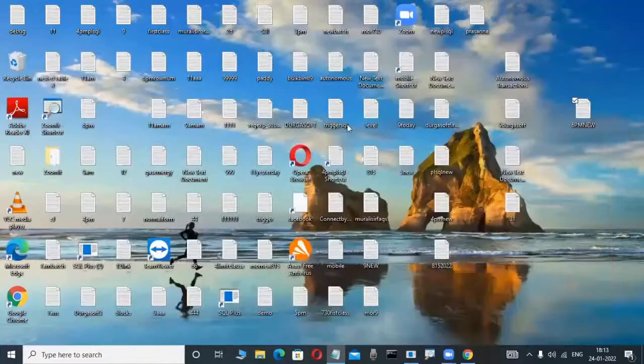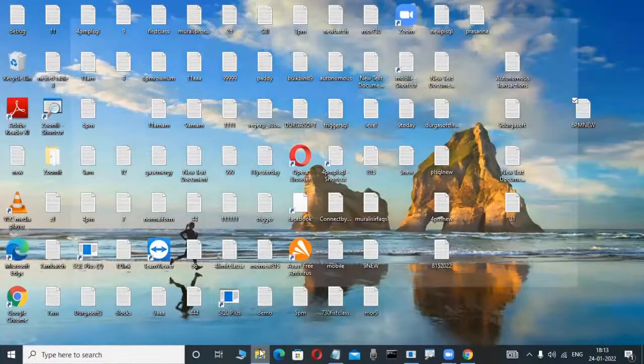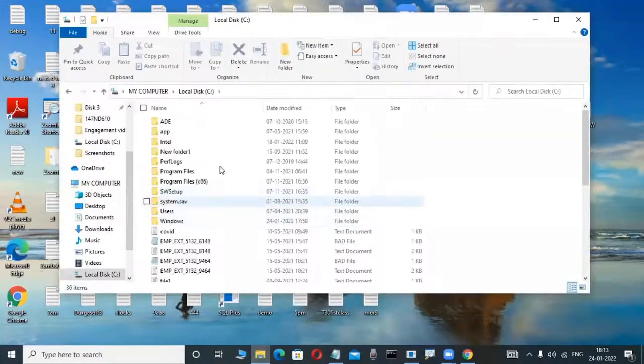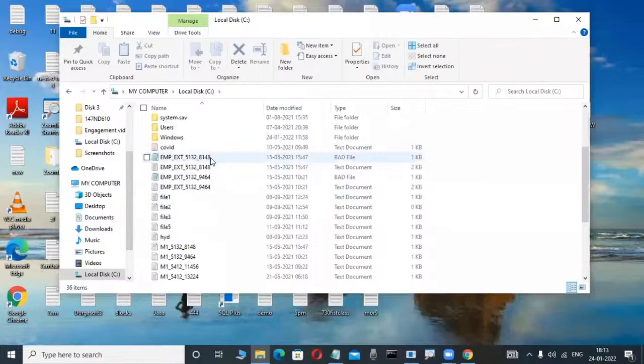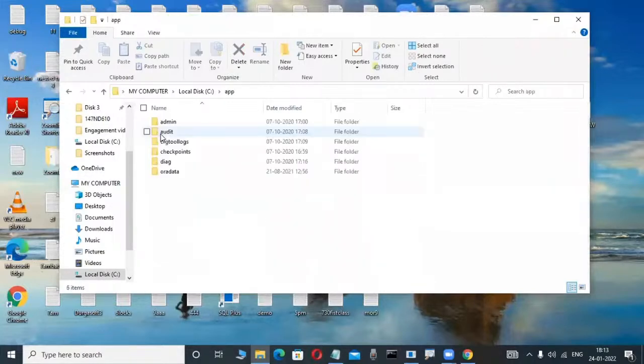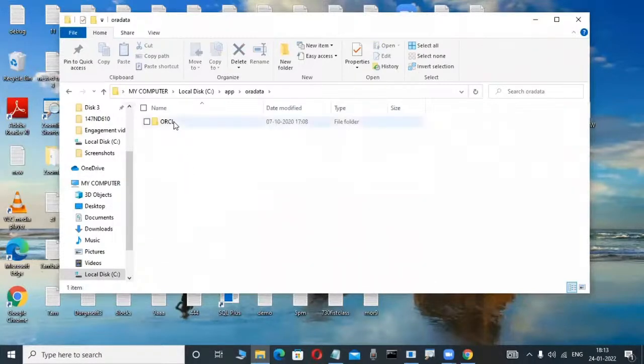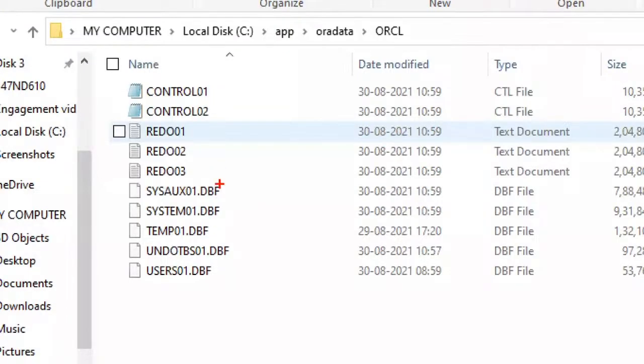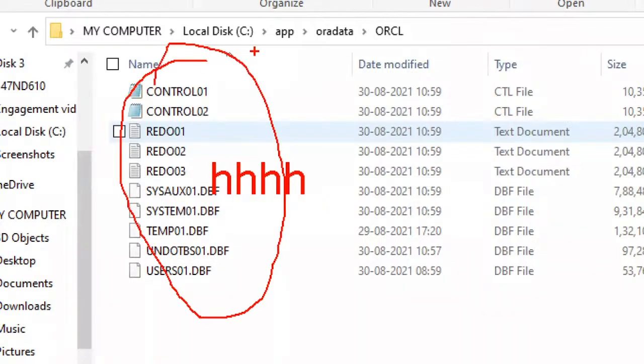I am installing Oracle on my system, and how to install Oracle we will learn in the next classes, so don't worry. In this C drive, your table is not available. Whatever table I create is not visible in the C drive or D drive.